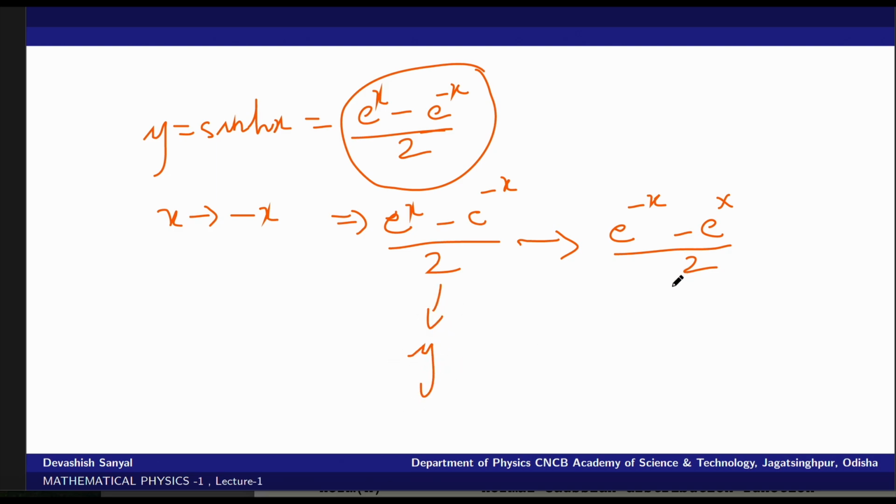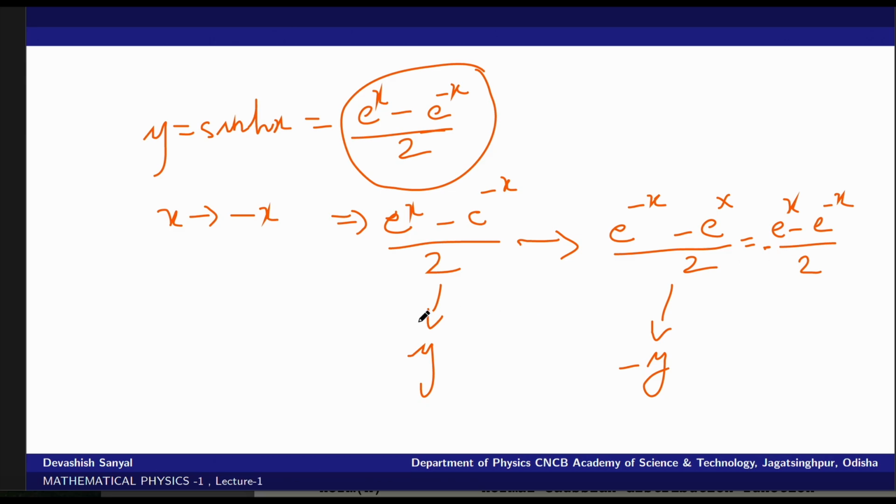And what is this? This is minus y. So this is equal to e to the power x minus e to the power minus x by 2, and there is a negative sign, and this is minus y.